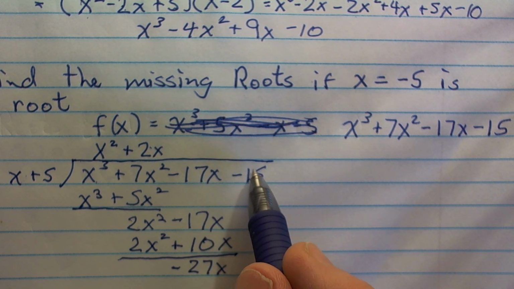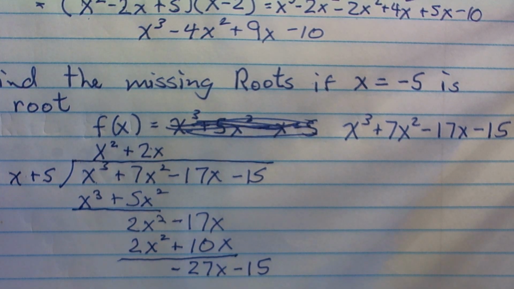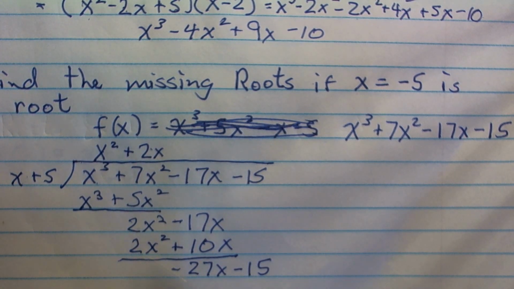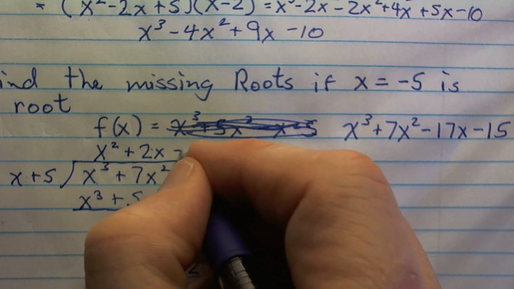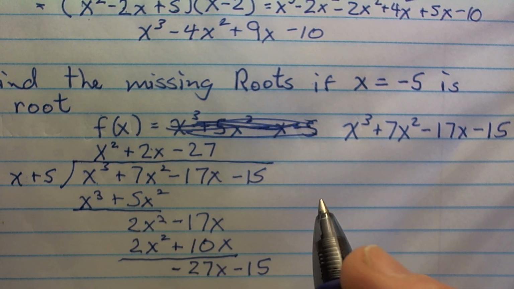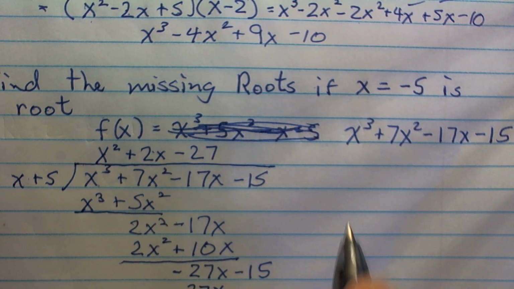And then I bring down the negative 15. Okay. Then I divide. X will go into negative 27x, negative 27 times. Okay. And then I get negative 27x.